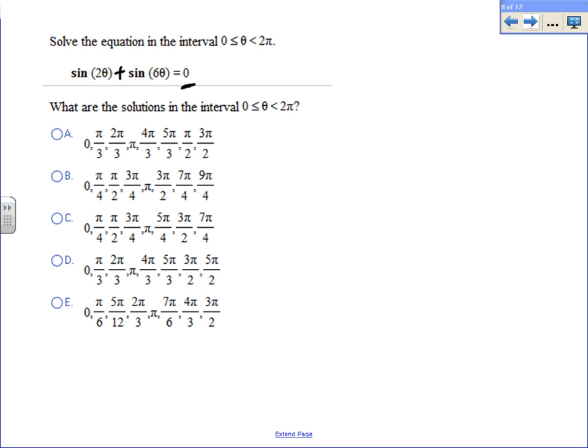So this would be the sine of A plus the sine of B. Okay, let me write this down for you so you can see what I'm exactly talking about here.